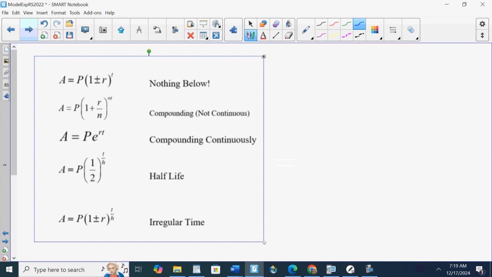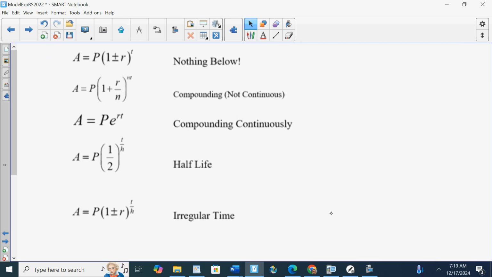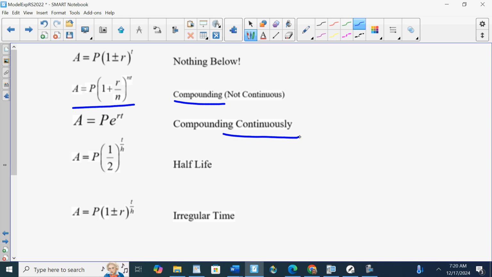Which brings us to the bulk of our unit, which is our formulas. If you see the word compounding, we use our N formula, unless it says continuously, in which case we use PERT. For half-life, we raise to the T over H. At a regular time, meaning it's increasing by 1% every 3.4 years or 2 days, a regular amount of time, we also have T over H, but I have my regular 1 plus or minus the rate inside.